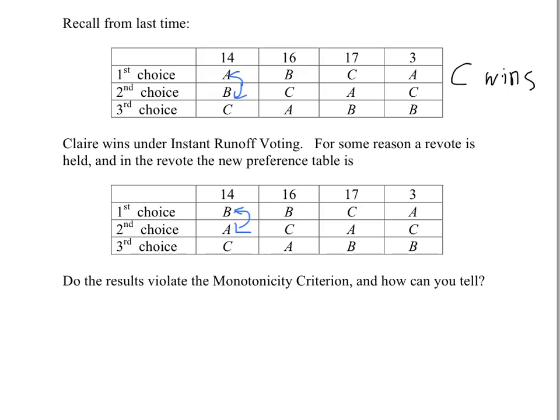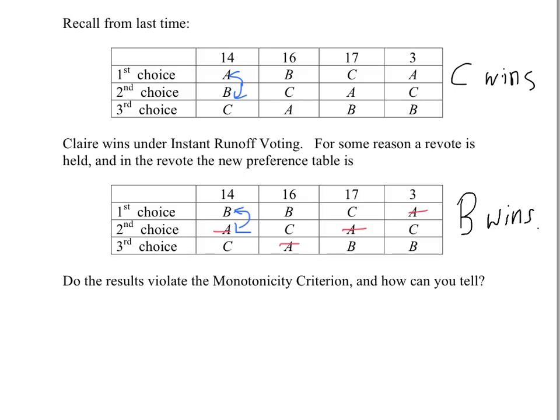And when you work out what happens in the instant runoff voting method, who is the first one to be eliminated? Well, Anne is eliminated, and because Anne is eliminated, it now comes down to Bob versus Claire, and Bob is the winner of the revotes.